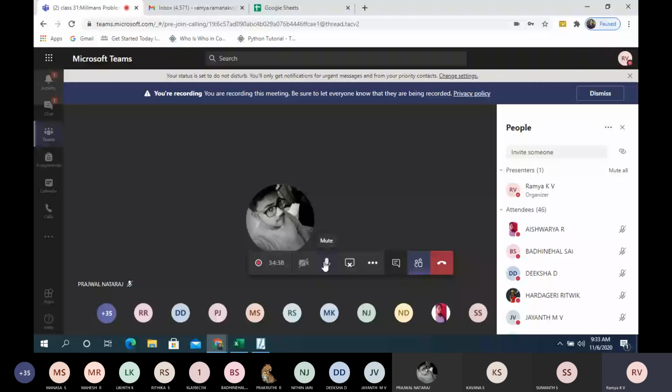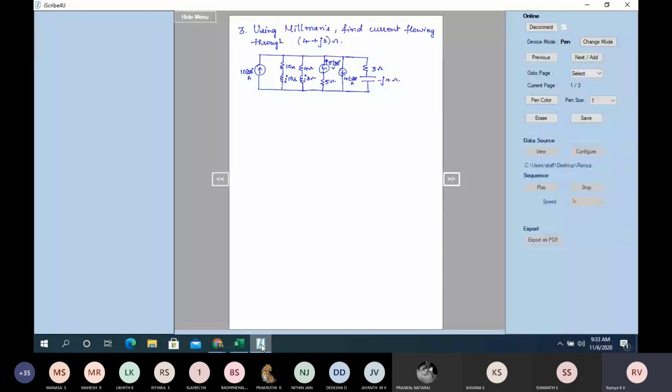Second is 10 j10 ohms. Third branch is 4 j3 ohms.